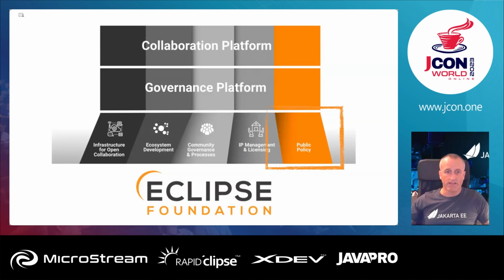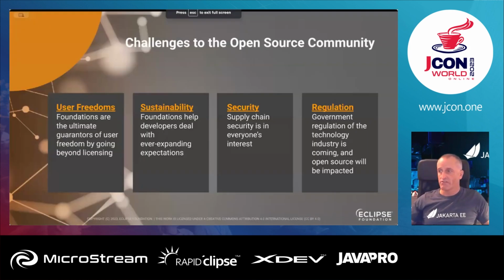So if we look at the challenges to the open source community today, and how the Eclipse Foundation can help with this, or foundations in general, for user freedom, that's where we've been for a long time, and that goes beyond licensing. We guarantee this user freedom by just being an Eclipse Foundation project. You're guaranteed this. We also have this ecosystem for development.